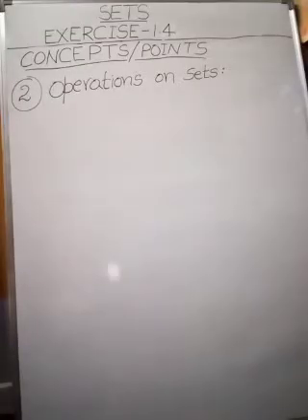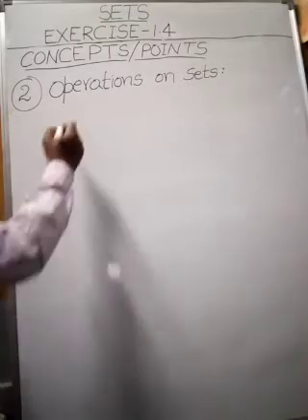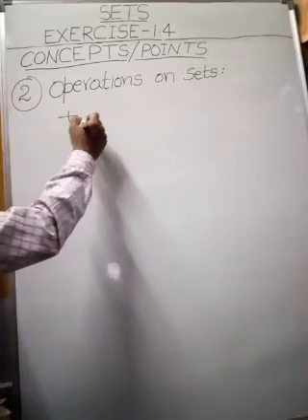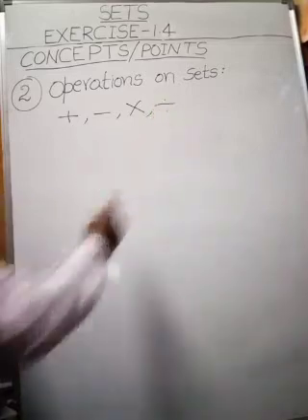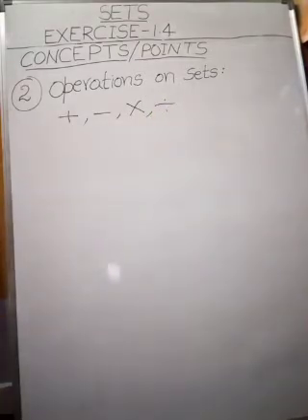In earlier classes, we have learnt how to perform the operations of addition, subtraction, multiplication and division on numbers. Do you remember these operations, my dear children? Addition, subtraction, multiplication and division. We used these operations on a pair of numbers. Each one of these operations can be performed on a pair of numbers to get another number.